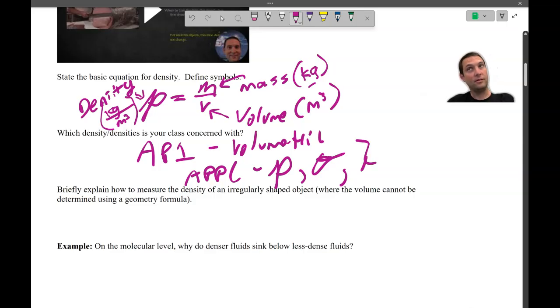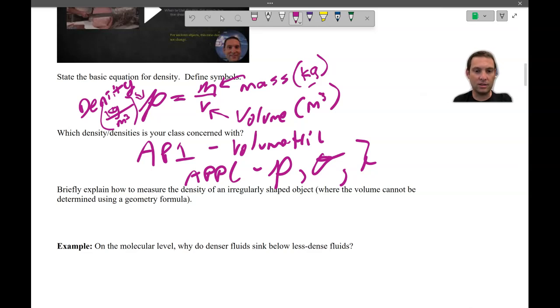For Physics C electricity and magnetism, you have those three and also other definitions for volumetric, areal, and linear, relating charge per unit volume, charge per unit area, or charge per unit length.